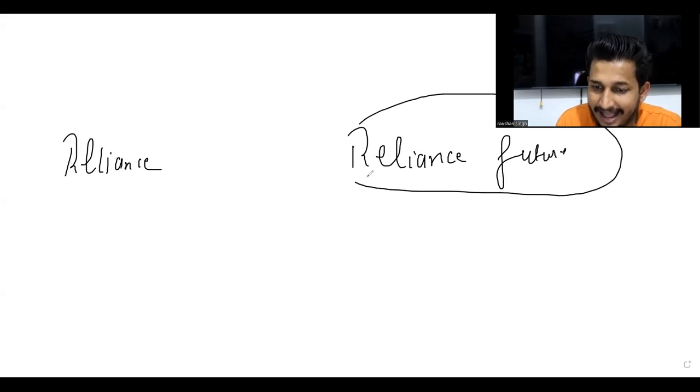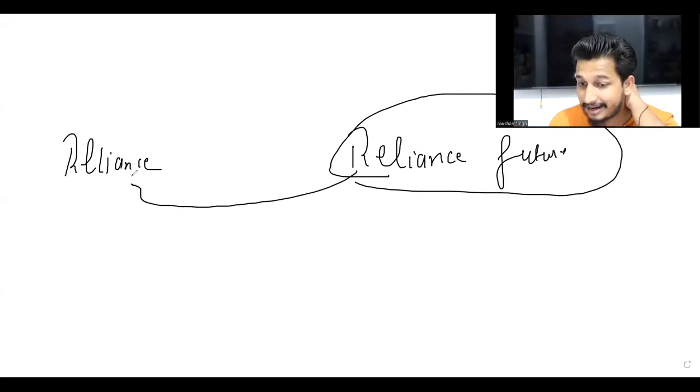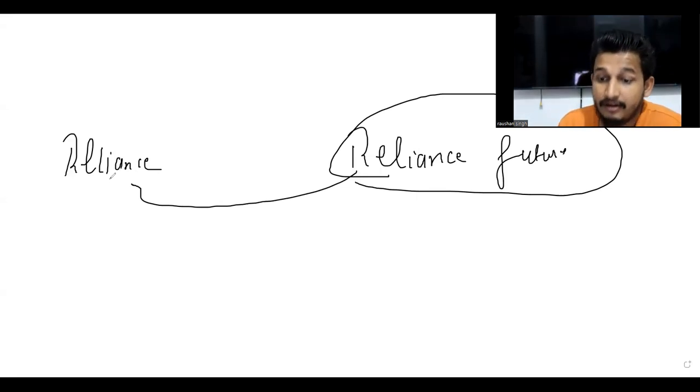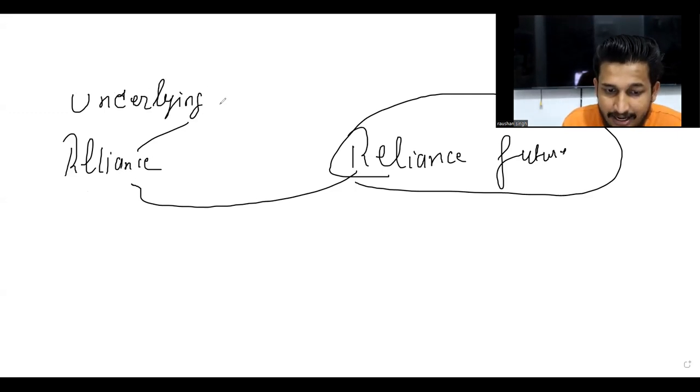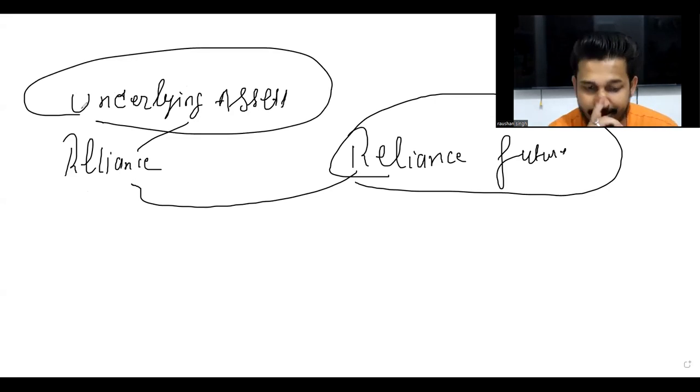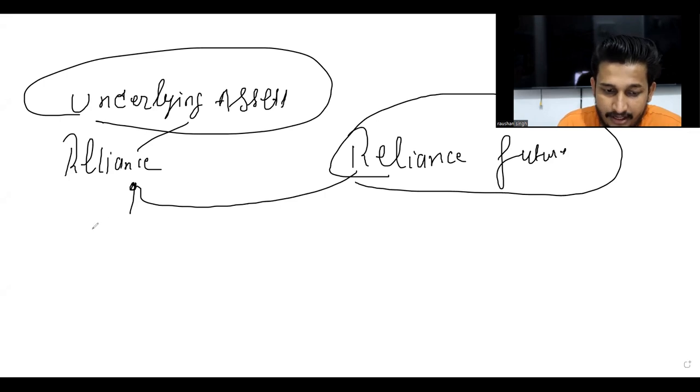The value of the Reliance future will be derived from the Reliance stock, which we call the underlying asset. Do not worry, I'll show you. We call this the underlying asset, and in technical terms of trading, we also use the term spot price.